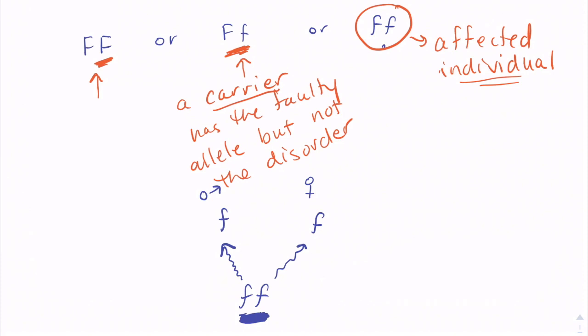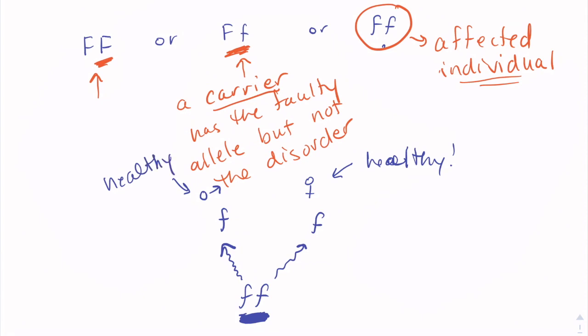All right, but the parents say to you, but how could our child have inherited this disorder from us? We don't have the disorder. What if the parents say, we don't have the disorder? The mother does not have cystic fibrosis. She's healthy. I can't spell healthy. There we go. And the father is like, I'm healthy too.